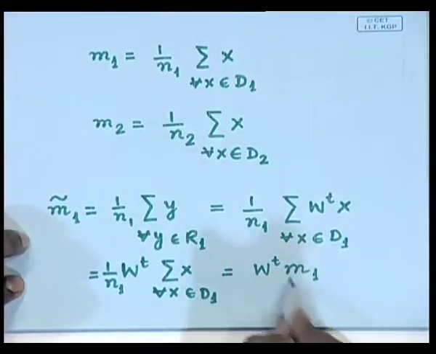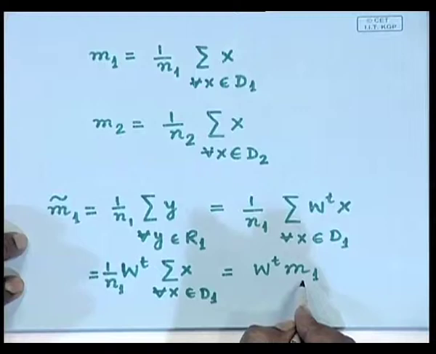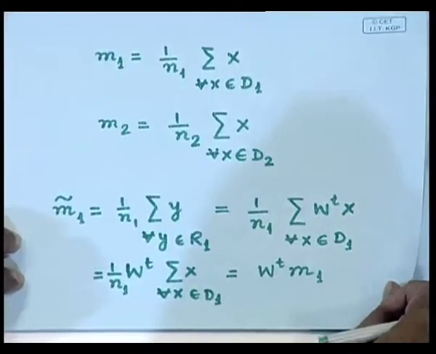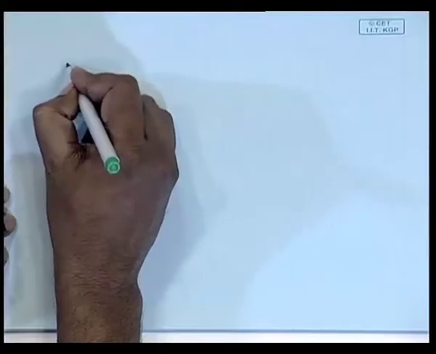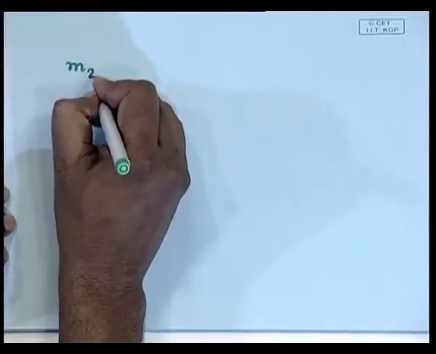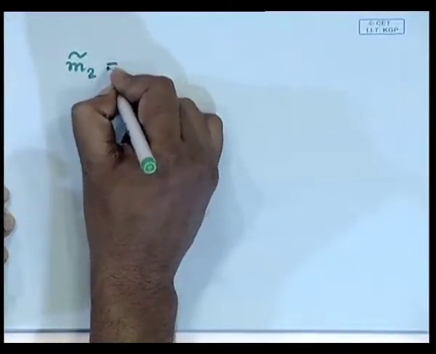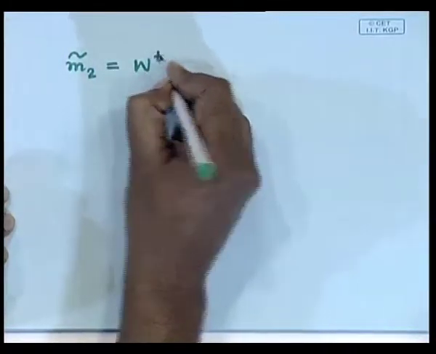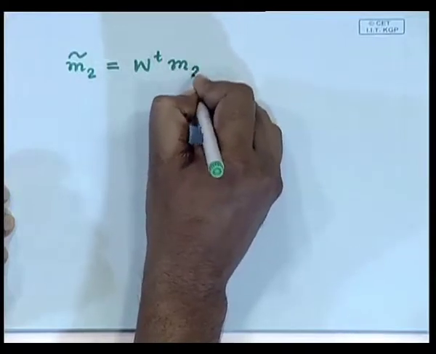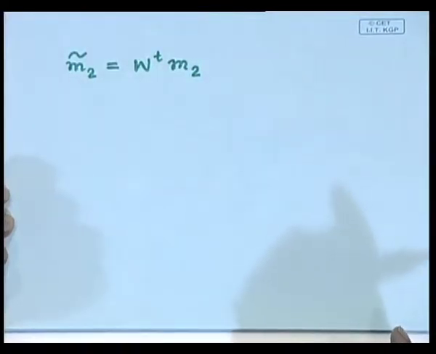The projection of the mean of the vectors in set D 1 is W transpose M 1. In the same manner, the projection of the mean of samples in set D 2, M 2 tilde, will simply be W transpose M 2.